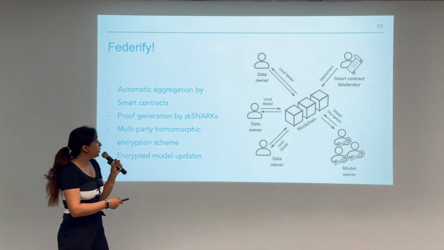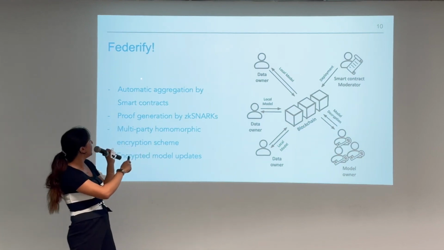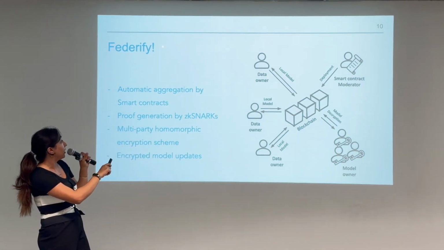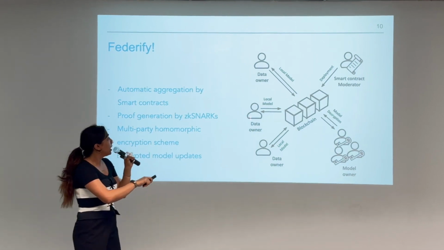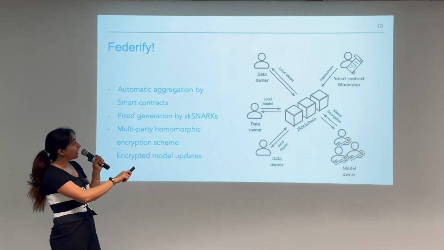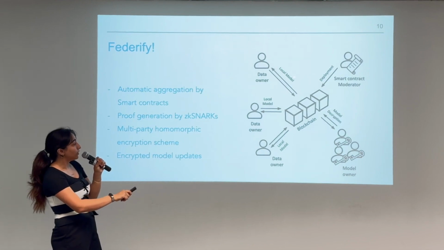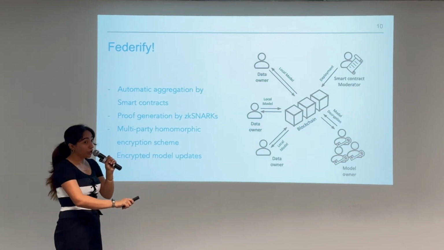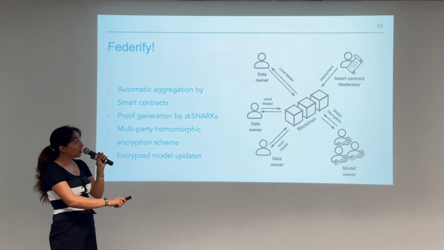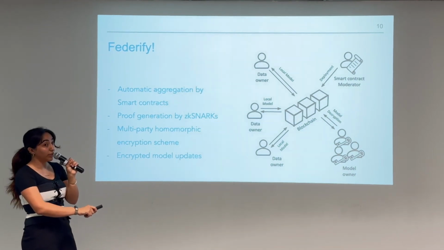Why? Let's assume that we're in the previous structure, the complete version of Federated. All data owners have their data privately, train their local models, encrypt their local models, and give them to the blockchain. The blockchain checks if the model was trained correctly, and if it was, it accepts the model.